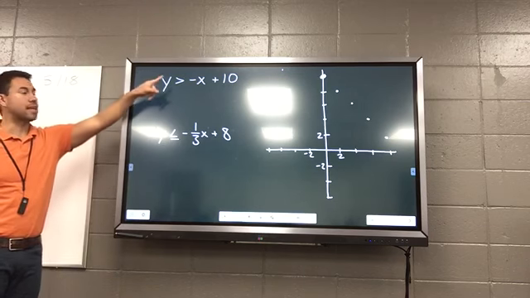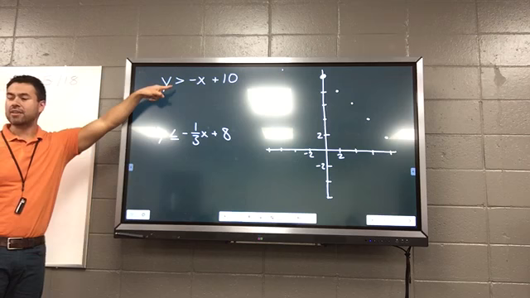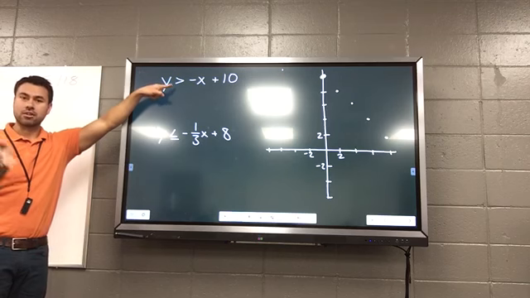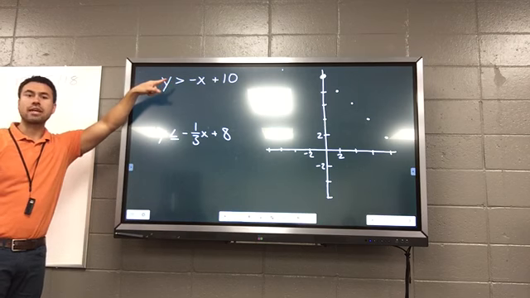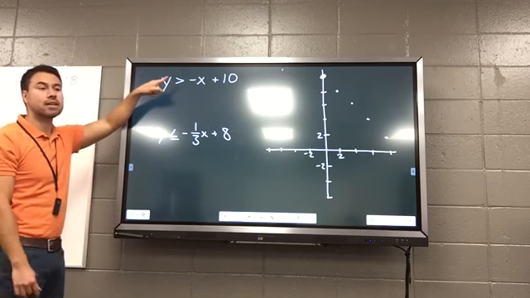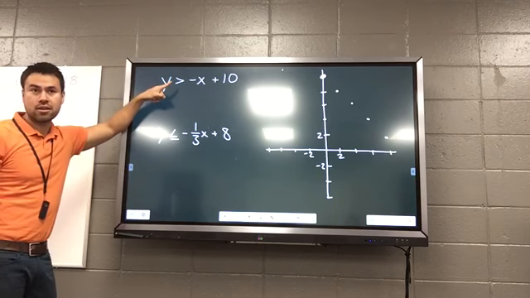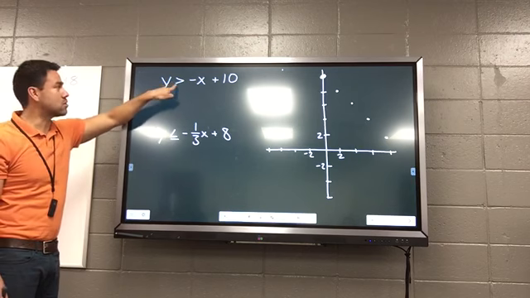Because when we're graphing inequalities, we have to consider, are we having a dashed line or a solid line? Do you guys remember that from last year? Solid line or dashed line? Does anyone remember? Dashed line. And somebody tell me why it's dashed. Because there's no equal to sign there.